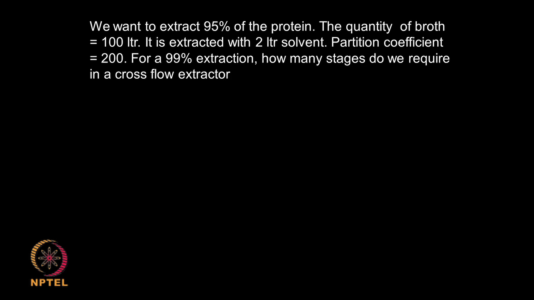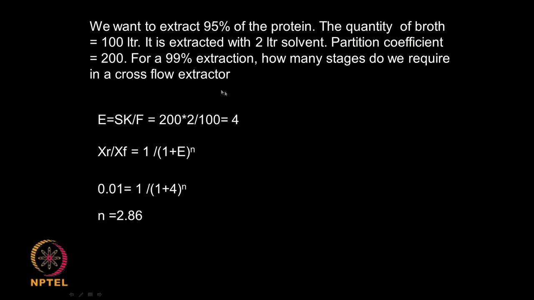So if I want to extract 99%, then what happens? My XR is equal to 0.01. So I can use the same equation here, I am calculating n. So 0.01 is equal to 1 by (1 plus E) raised to the power n.